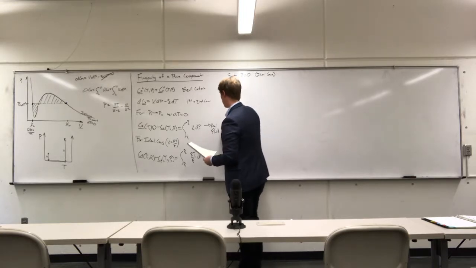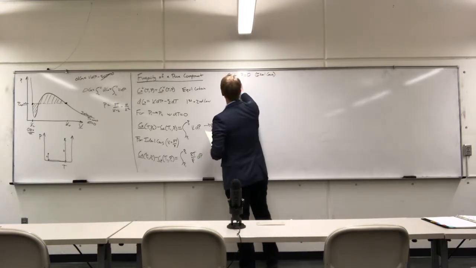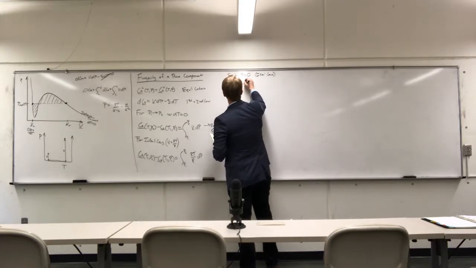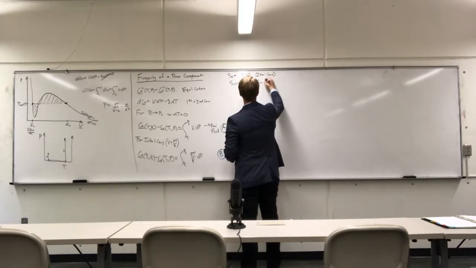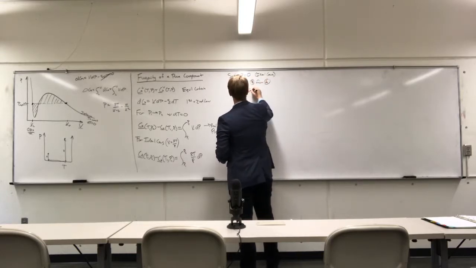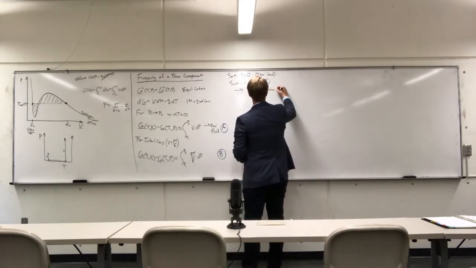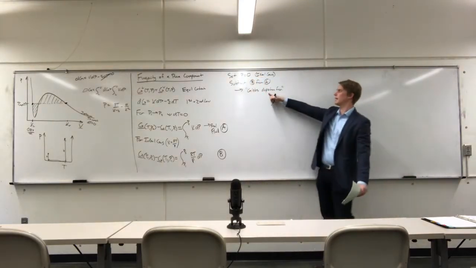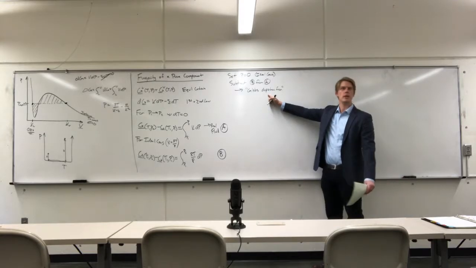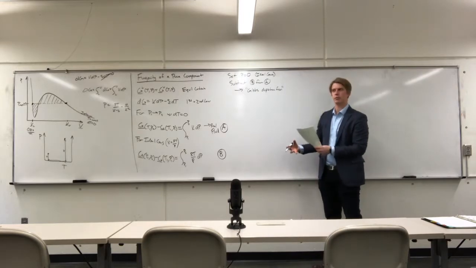I'm going to call this expression equation A, this expression equation B. Now what this is effectively doing is calculating what we call a departure function, meaning it's the deviation between the real fluid properties and the ideal gas fluid properties.